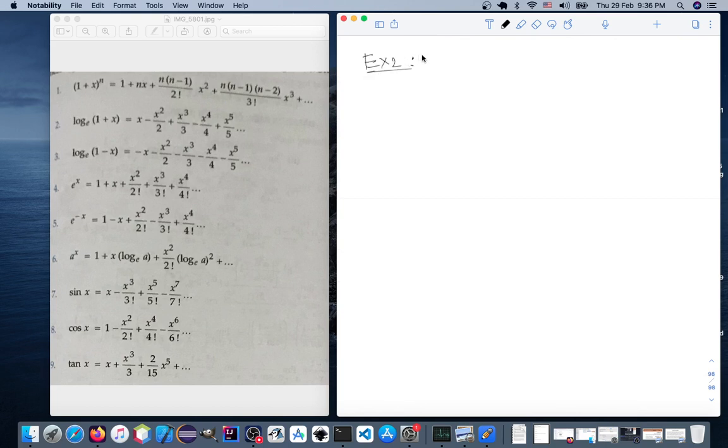The next problem is limit x tending to 0, 5 to the power x plus 3 to the power x plus 2 to the power x minus 3 divided by x.